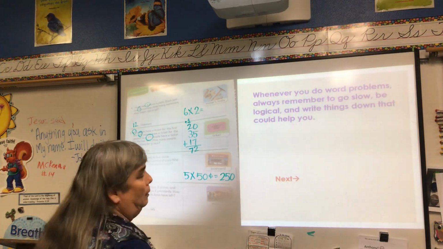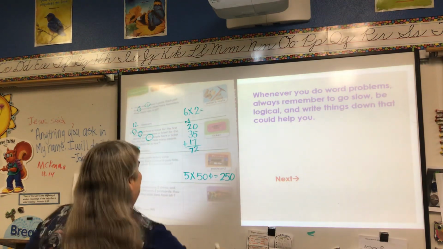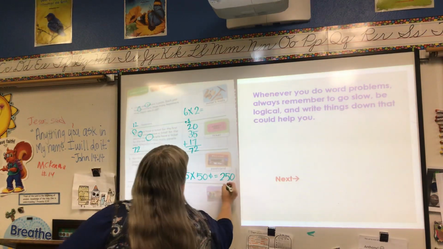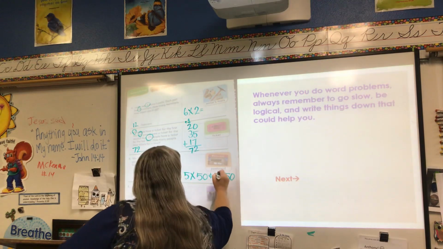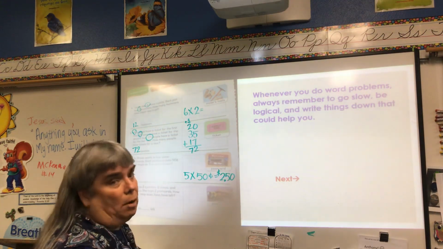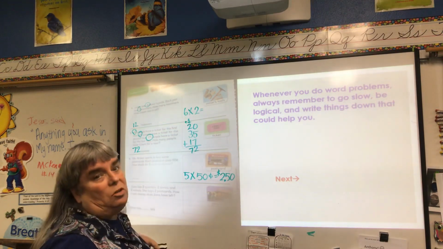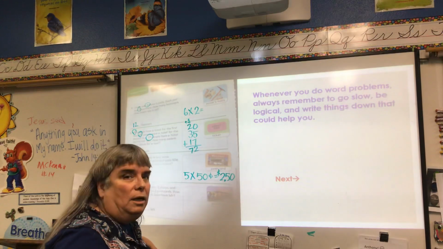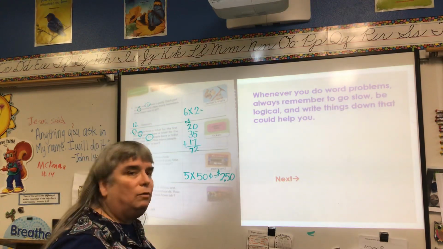But here's the thing. So it's 250 pennies. But I know that 250 pennies is really $2.50. So that's a little bit of a hard problem. The other thing you could do is you could skip count by 50. 50, 100, 150, 200, 250.